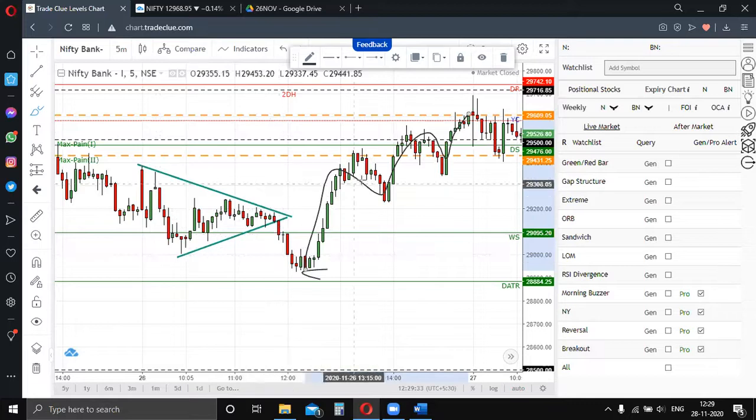Now these are very volatile sessions to handle, and generally this happens on monthly expiry, because the derivative price, the future price and the cash price meet up somewhere. So generally these days, when the settlement and rollover happen, you will see huge volatility along with the index and the stocks.